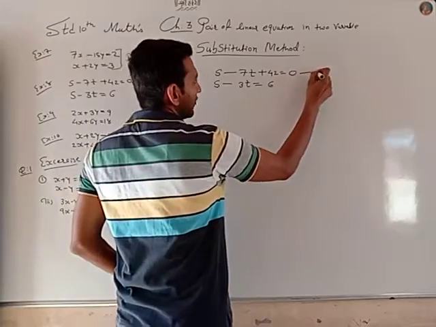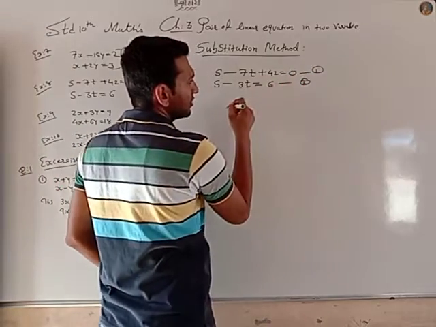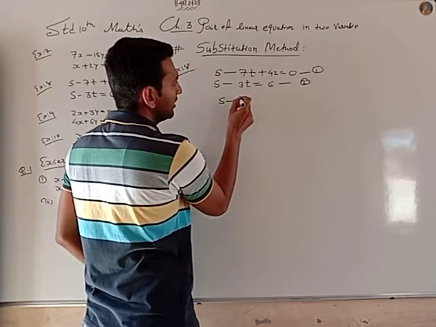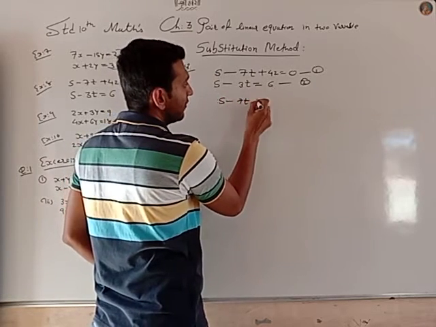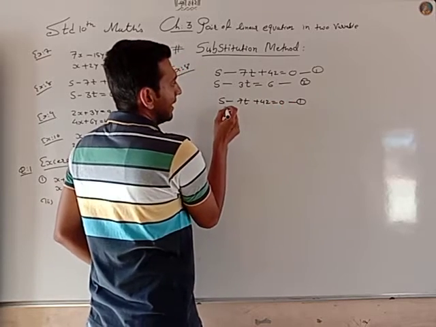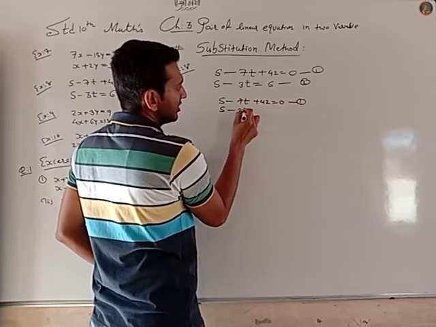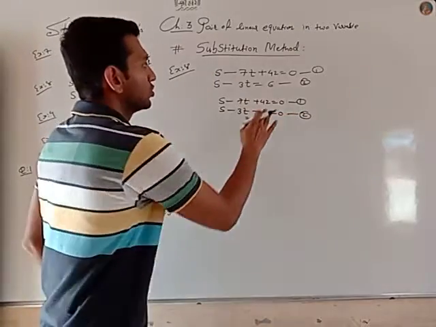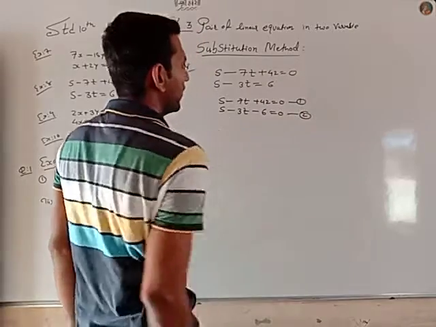So this is my equation 1 and this one is my equation 2. 6 goes to the left side and becomes negative, then both equations are in the same form. So s minus 7t plus 42 is equal to 0, this is first. And the second equation, s minus 3t minus 6 is equal to 0, this is equation number 2.